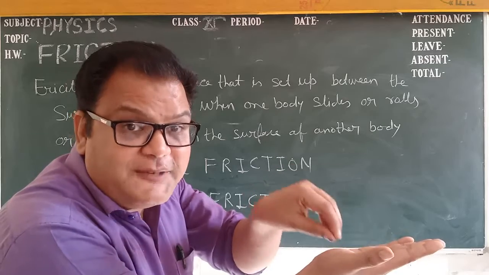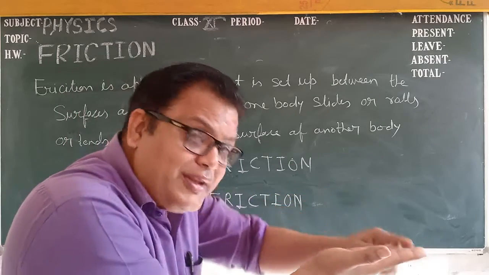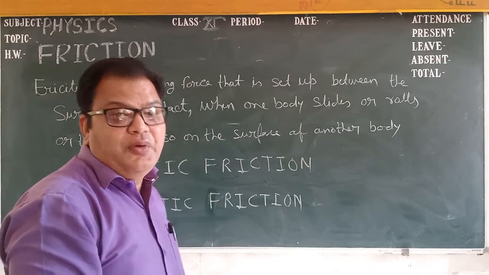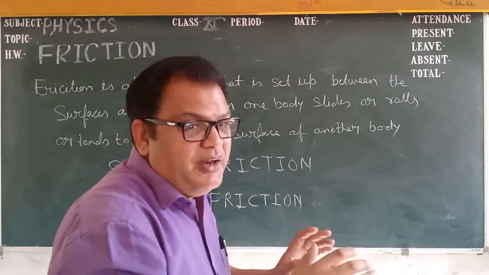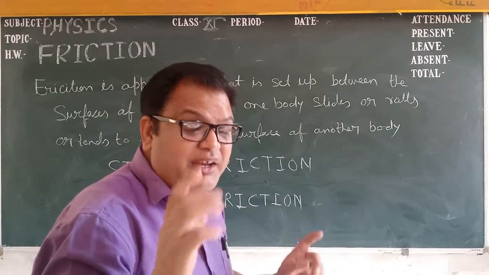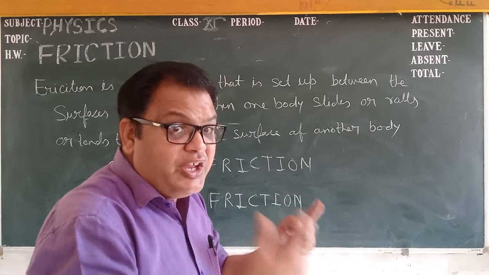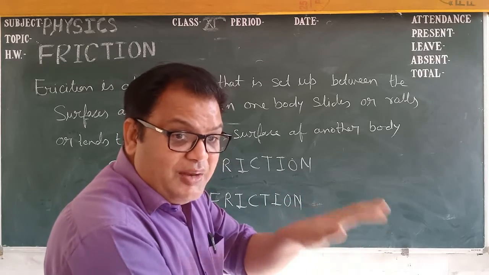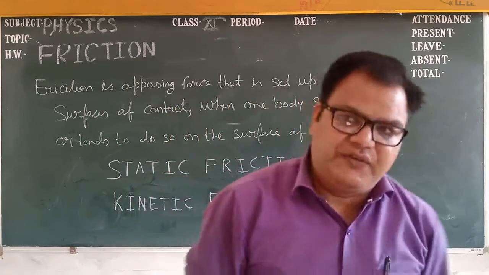Currently it is in the rest position, but it is trying, or tends, to slide over the second body. When you are pushing an almirah, what happens? It is difficult to push it, due to the friction between the almirah and the surface. That type of friction is known as static friction.